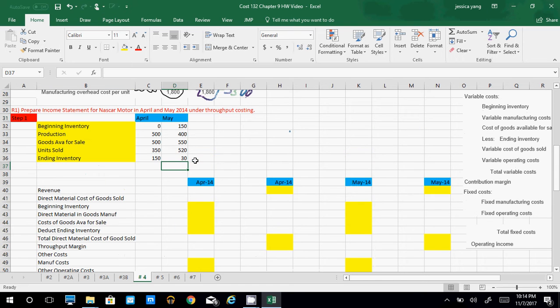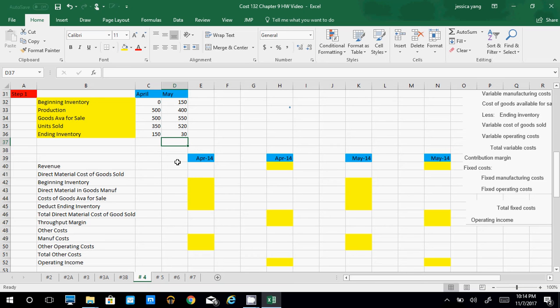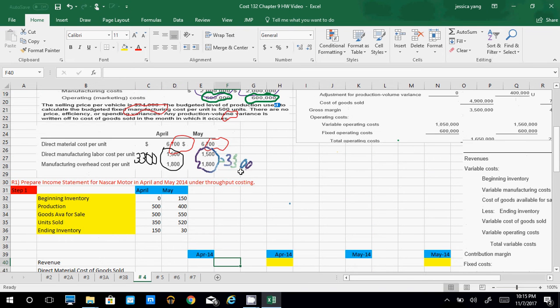To construct the income statement for throughput costing for April and May, we will need revenues, direct material cost of goods sold, beginning inventory, direct material in goods manufactured, cost of goods available for sale, deduct ending inventory, total direct material cost of goods sold, throughput margin, other costs, manufacturing costs, other operating costs, total other costs, and operating income. For revenue, it tells us that the selling price of a vehicle is $24,000.